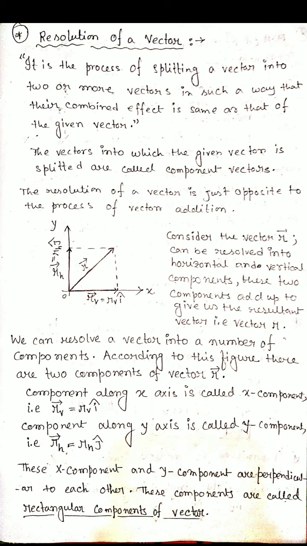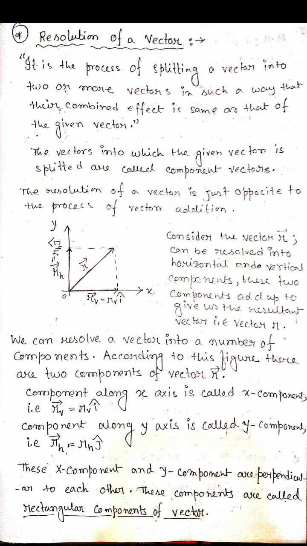Clear? So this r vector can be resolved into two components: one along the x axis, that is RV, and another along the y axis, that is RH. If you draw the z axis also, the three axes are perpendicular to each other.